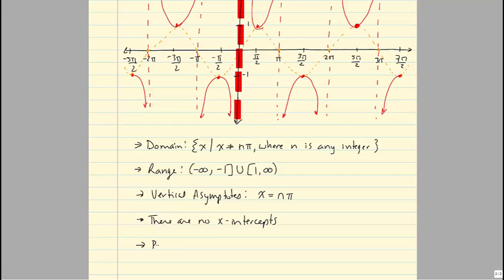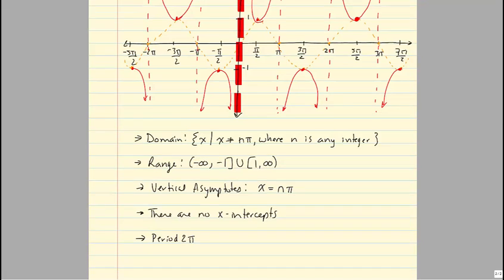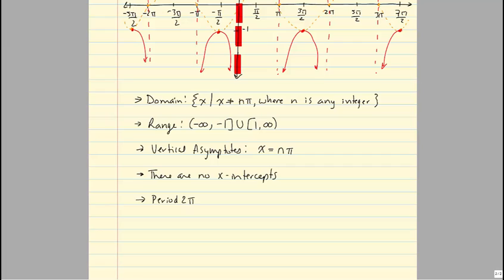Also, the period is 2 pi. That's how often it repeats itself. There's no min, there's no max, so there's no amplitude. And then last but not least, the graph is symmetric with respect to the origin, just like the sine graph.